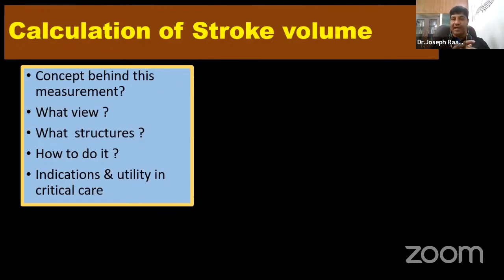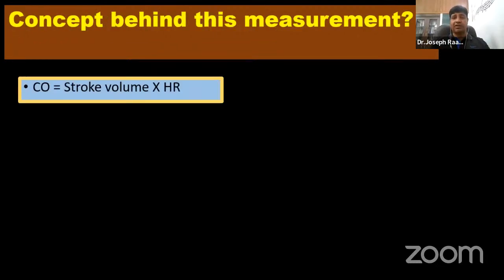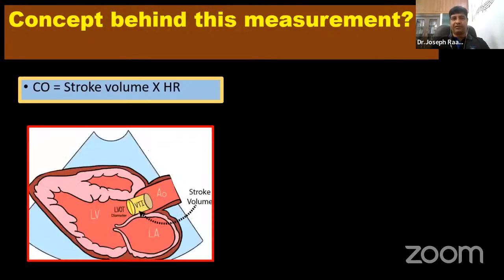So how are we going to calculate the stroke volume? What is the concept? The cardiac output formula. What is this view? This is the Plaque's view, and this is the LVOT. Here we are going to calculate how much blood is ejected out of this area for each cardiac contraction. That is the stroke volume.